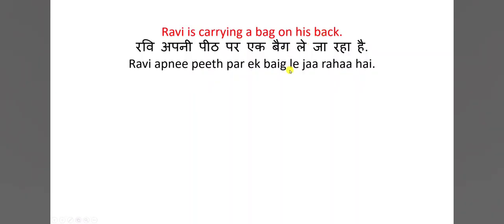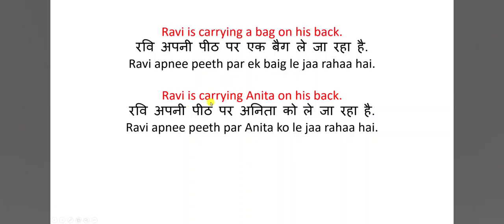Next, Ravi is carrying Anita on his back. रवि अपनी पीठ पर अनीता को ले जा रहा है. Here in this sentence, the object is Anita and Anita is a human.